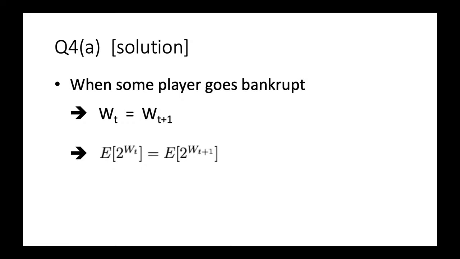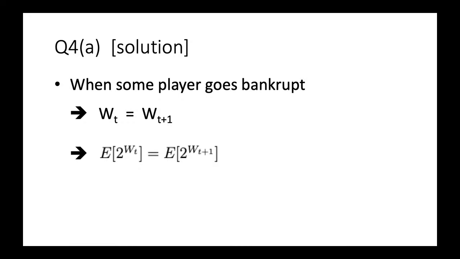The reason is that the money will not change anymore. If these two have the same value, then of course the expected value of 2 to the power WT must be equal to the expected value of 2 to the power WT plus 1 in this case, because these are not random anymore. They are always the same value, so they will have the same expected value.